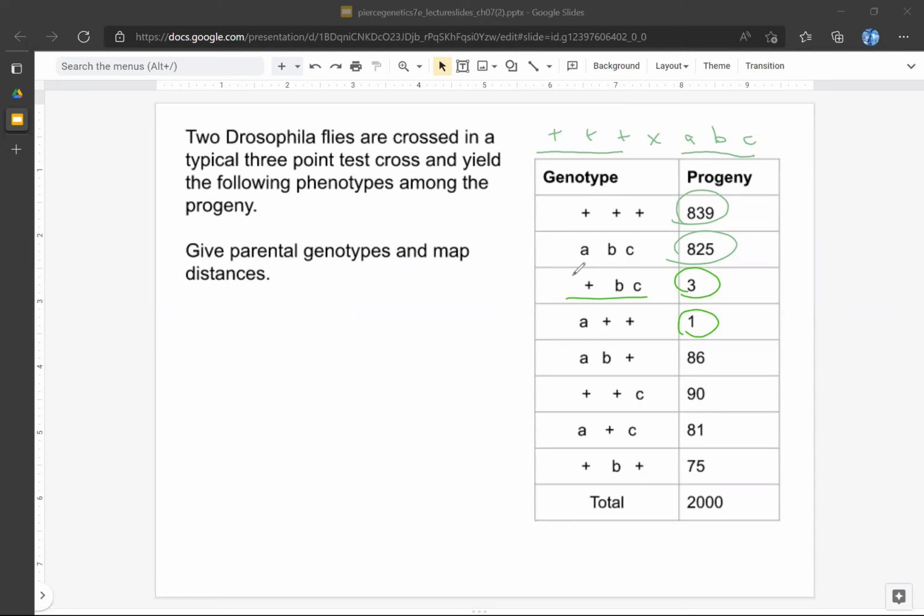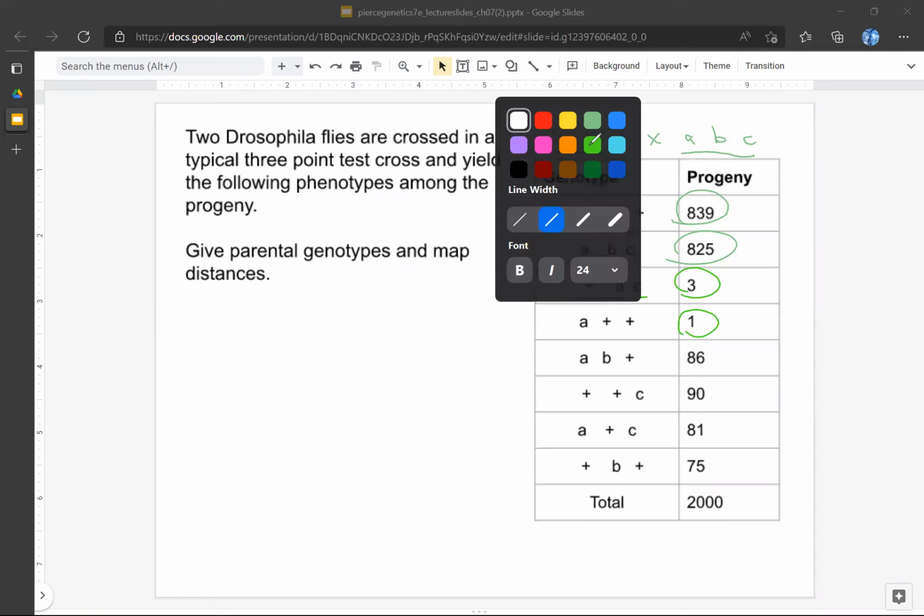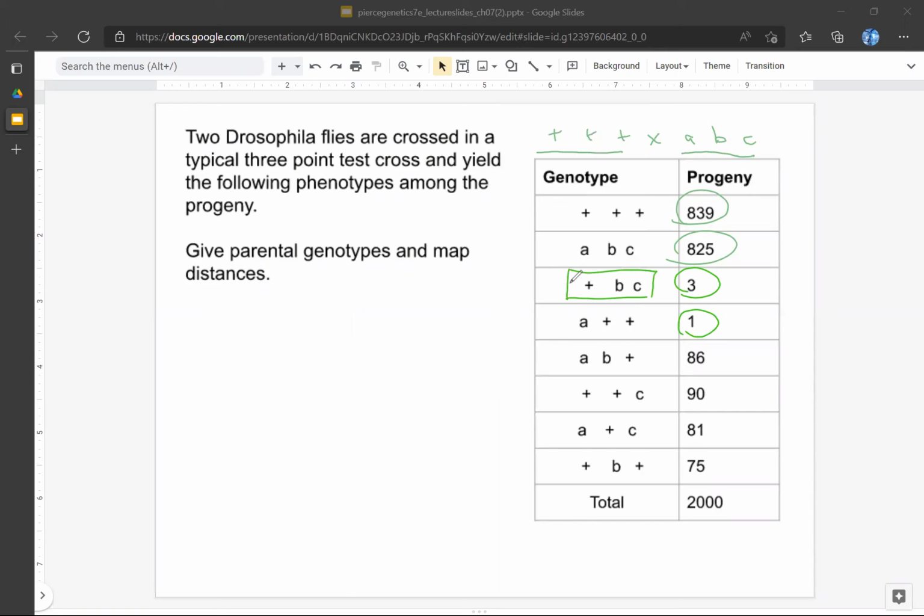We can compare this double crossover to the parental genotype that's the most similar to it. In this case, it's easy to tell because we have B, C, and then one of the pluses is different. B is similar here, C is similar here, but the A locus is different. So we know that A is the one in the center. It is in between B and C.